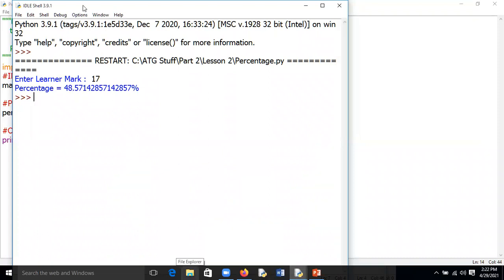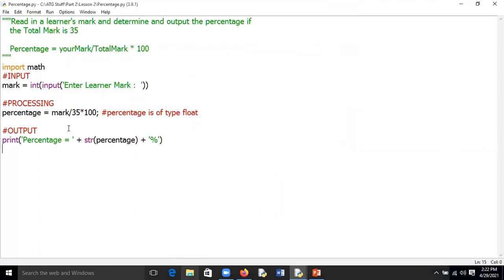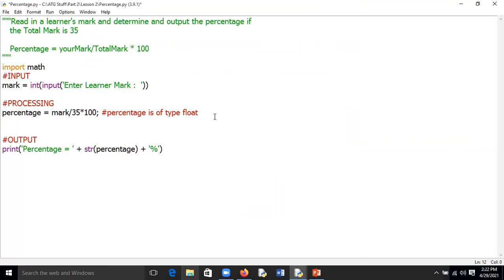Now, we're going to come back here and we are going to do one of two things. One, we can round it off to a whole number, or we can round it off to two decimal places. Let's try two decimal places first.